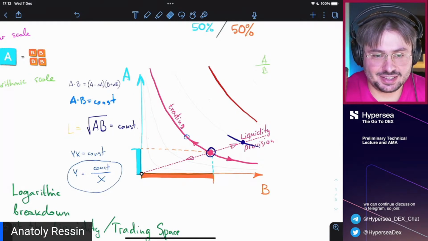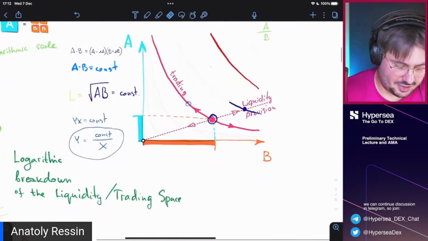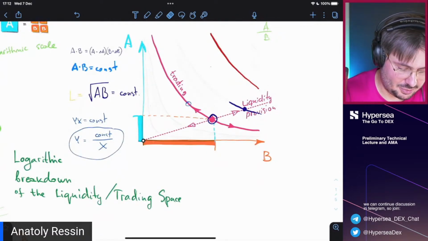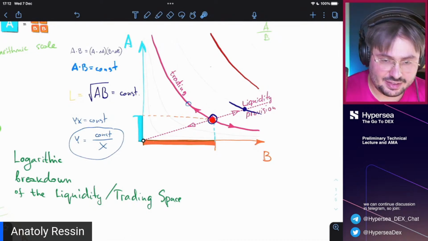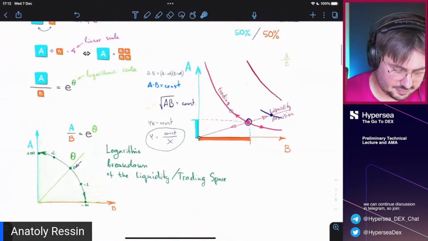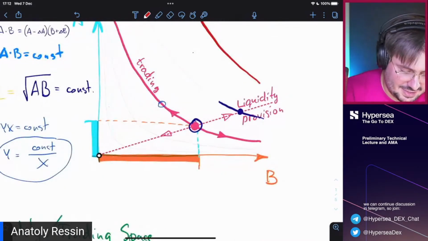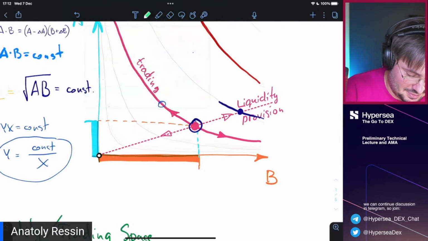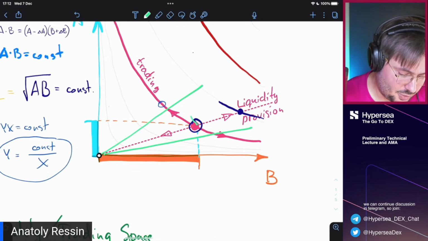They said that it is inefficient to provide such a big amount of liquidity for a state that is changing in only a very small diapason, a very small range.